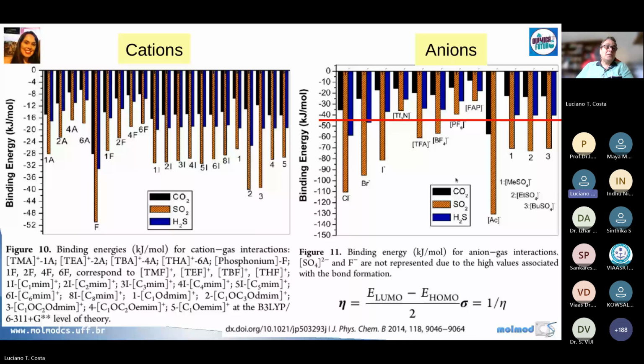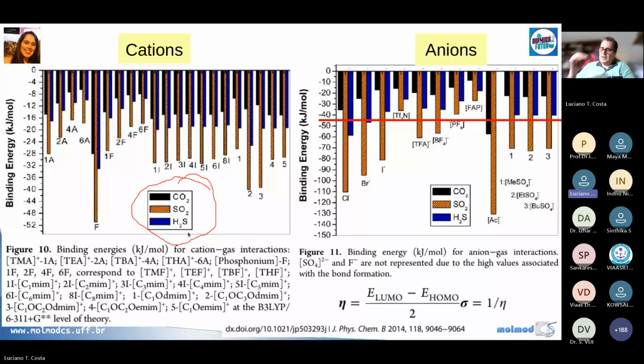So we calculated binding energy in kilojoules per mole by quantum mechanics, and interactions of cations and anions with CO2, SO2, and H2S. The idea here was to try to see the best candidate from ionic liquids to capture selectively. Okay, for example, CO2 has SO2 and H2S in this stream.